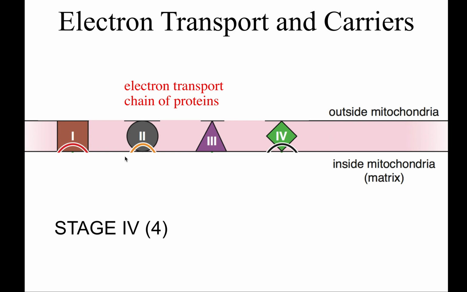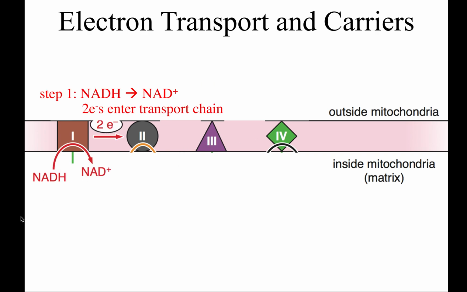There are proteins embedded in that membrane, a lot of them. 90% of that membrane by weight is protein, and they carry electrons. They move electrons from one electron carrier to the next in a chain, like a bucket brigade. And as the electrons move from one to the next, they lose energy. The electrons from NADH come off NADH, leaving NAD, and they get passed on to complex 1.